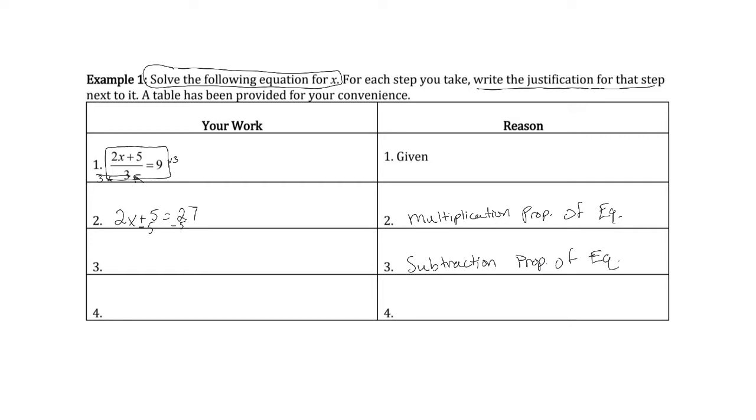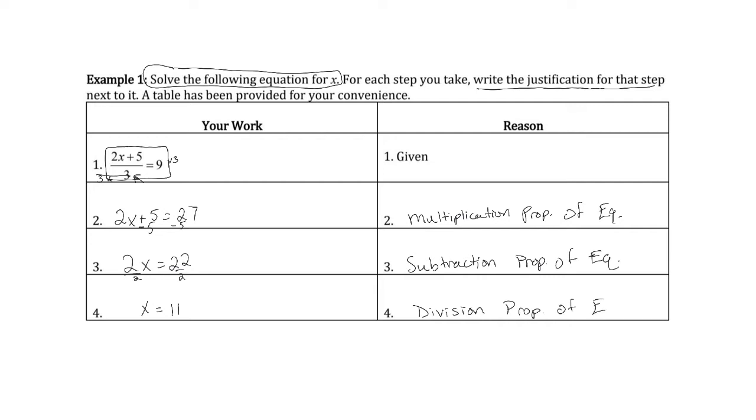We subtracted each side by 5 to get to 2x is equal to 22. And then the last step, we divide both sides by 2 to get x equals 11. And we divide, so it's division property of equality.